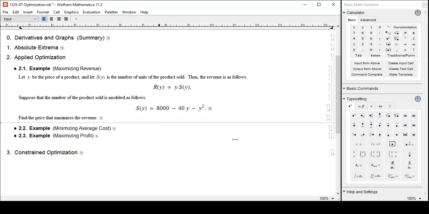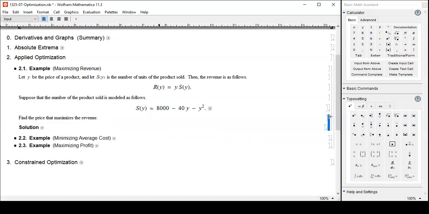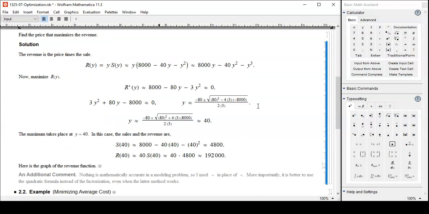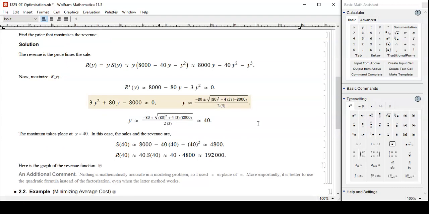So you have to put quadratic formula in there, like this. And then the minus square root part, that's invalid because that's going to give you the negative value, negative price tag. So take only the positive square root and run your computation.